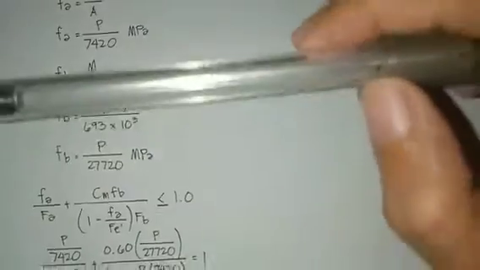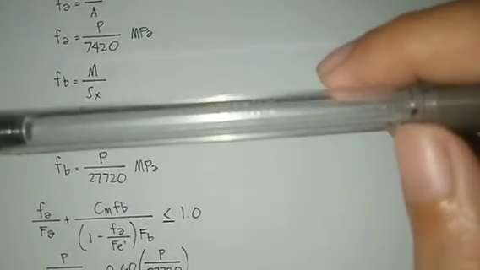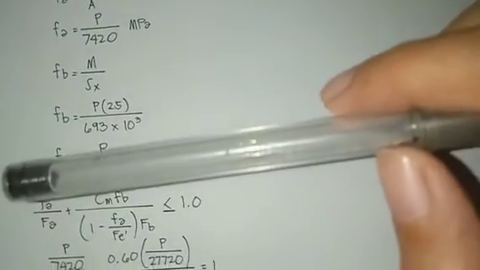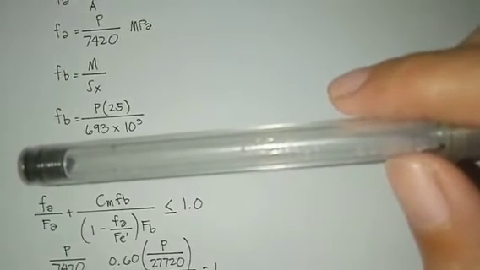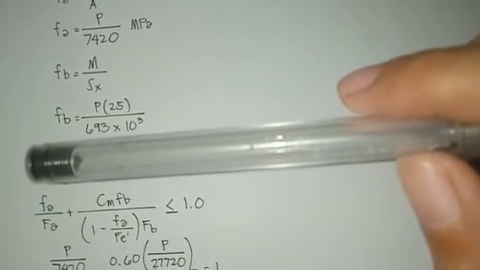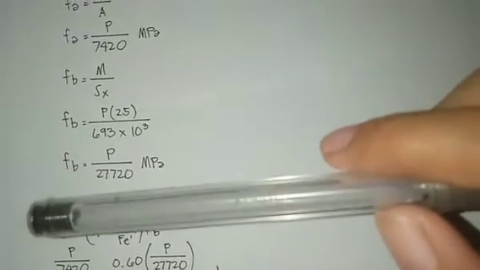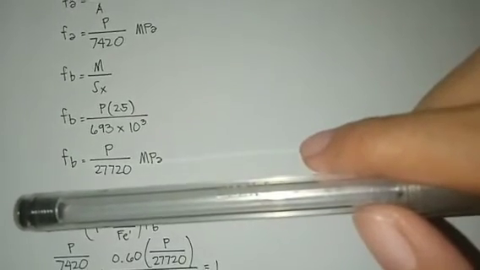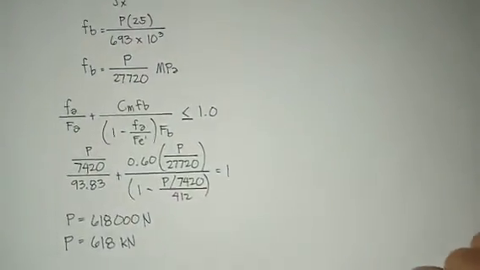So sa fb na punta, mao ni itong formula ang ipangita sa fb. fb is equal to M over Sx. fb is equal to P times 25 over 693 times 10 cubed. So, ang answer sa fb, P over 27,720 megapascal.